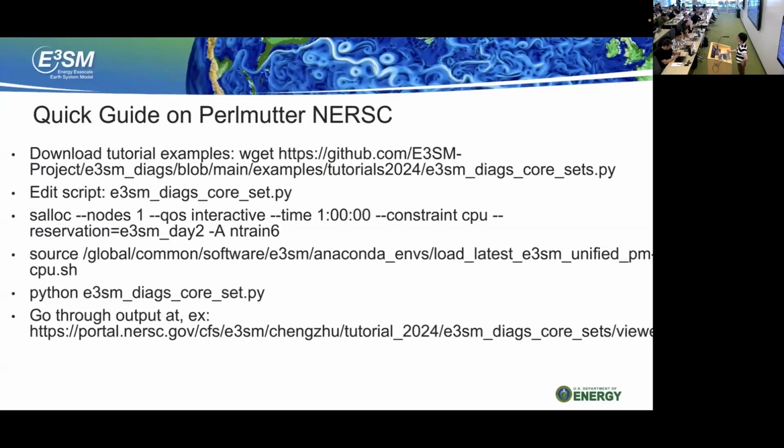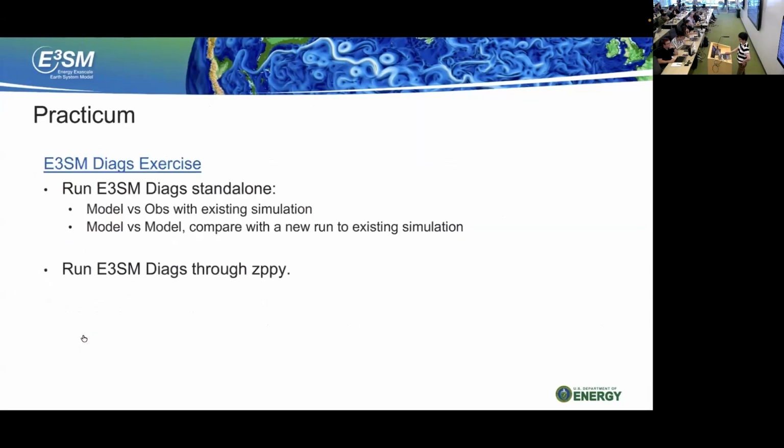First is to download the tutorial example, use wget, and edit the script with a directory where you have write permission, and ask for interactive nodes. Then source our favorite E3SM Unified environment and run the run script with Python. You can go through some output examples here, which are pre-made.